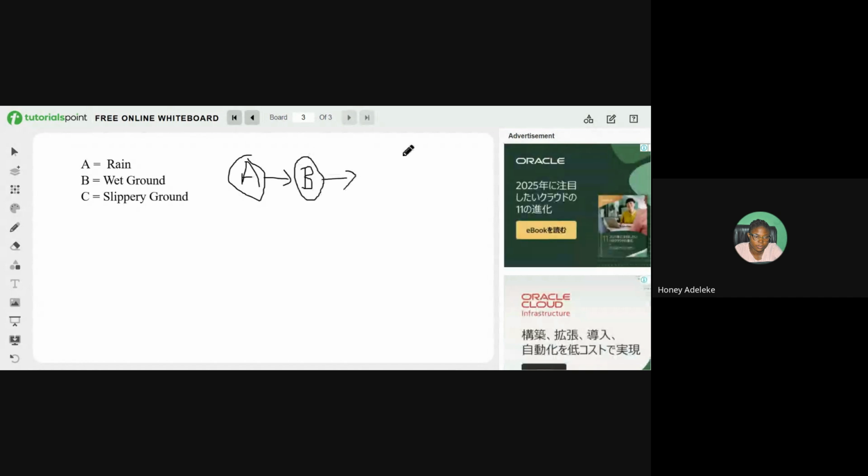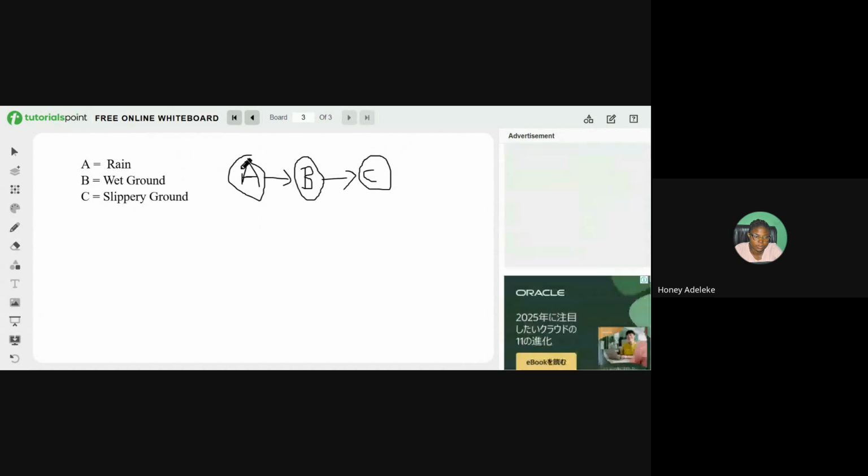Then we have the C. Okay, so it means that originally rain is the parent node, because it is not conditional on another thing. So our A is the rain, then we have the B, which is the wet ground, and then we have the C, which is the slippery ground.